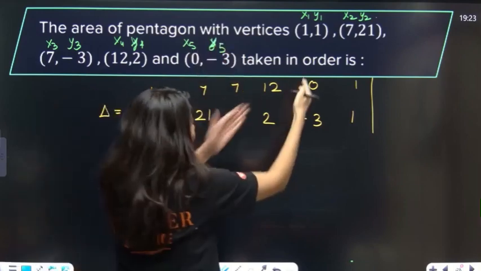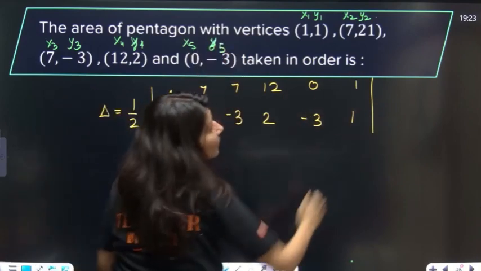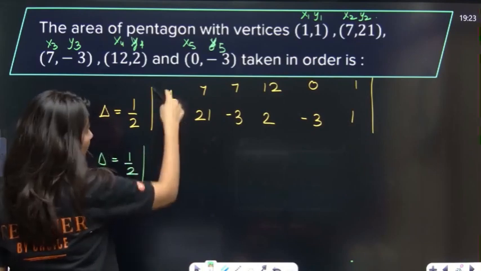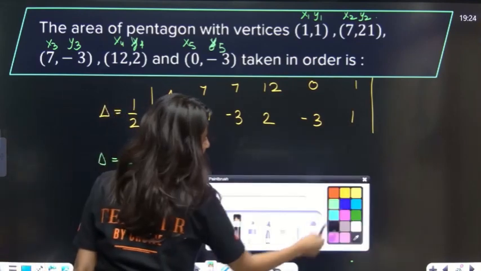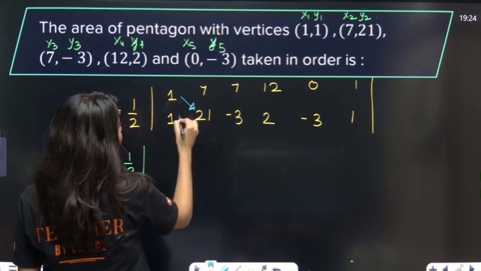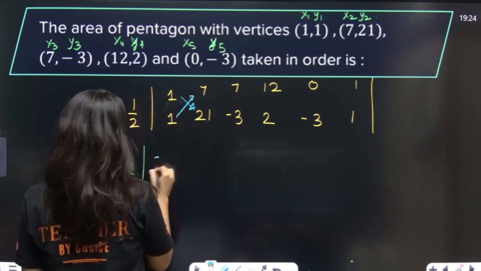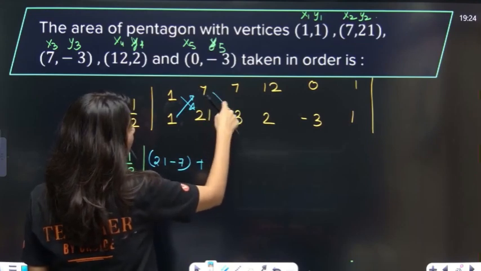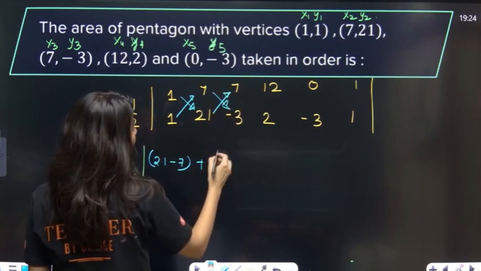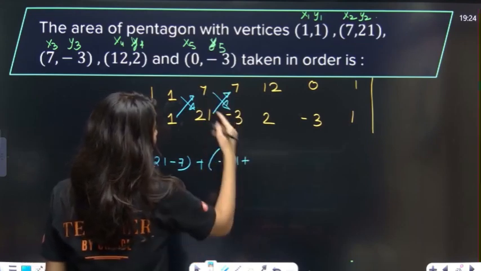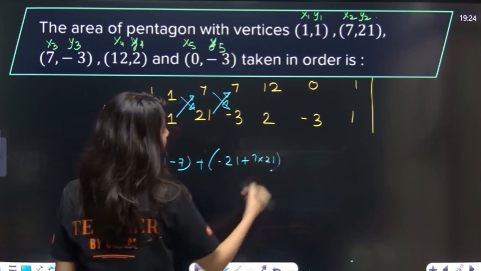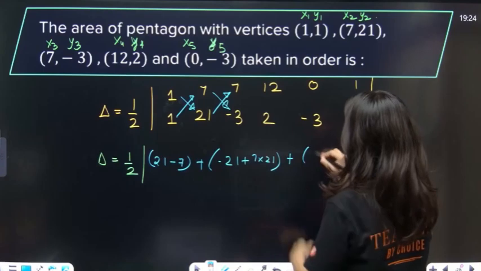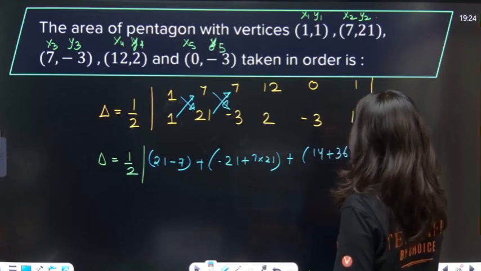And after that x1, y1. Now open it. How will you open it? So the very first thing is 21 minus 7. So 21 minus 7 plus. Now minus 21 and plus 27 into 21. Next plus 7 2s are 14, plus 36, plus next.